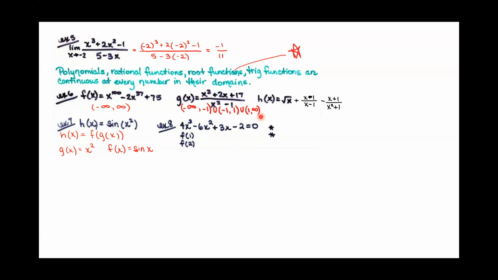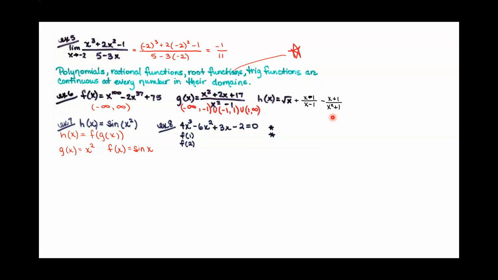Now the next two that we have are a combination of functions and a composition of functions. So if you have a combination of functions, the combination can only be continuous where all of the parts are continuous. So what I need to do is go through and figure out continuity for each part and then see where all 3 pieces are continuous.